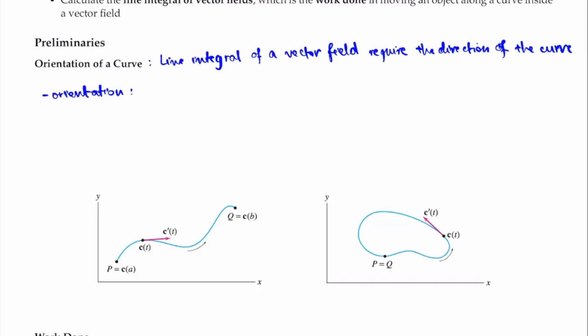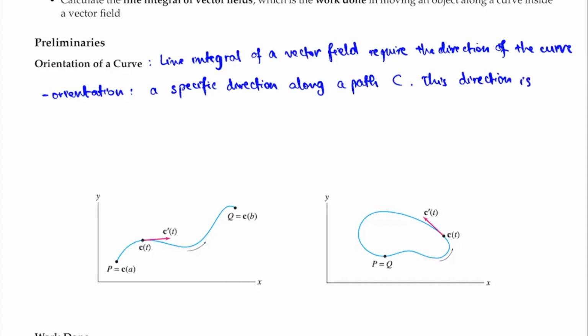So orientation is a specific direction along a path C. And this direction is considered as the positive direction of the curve, or of the path.